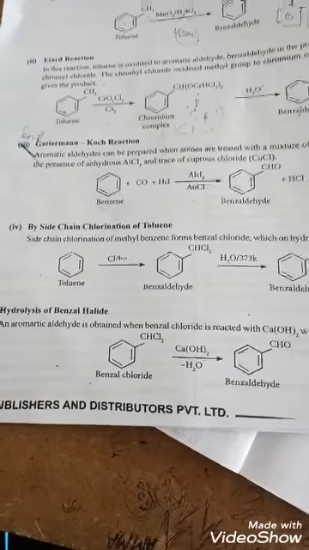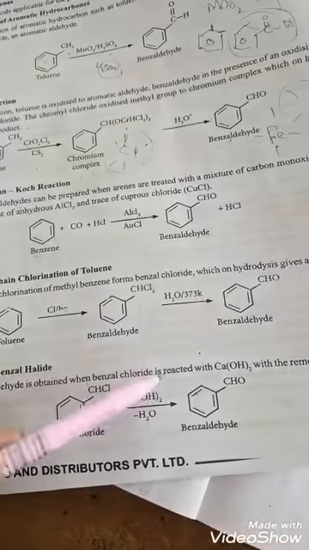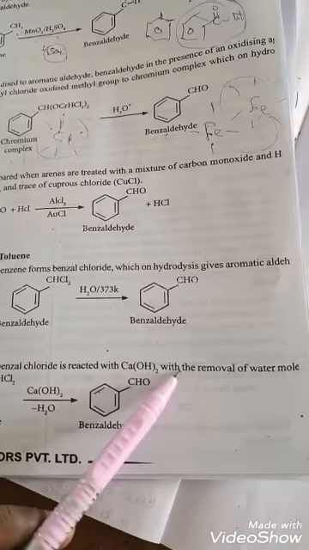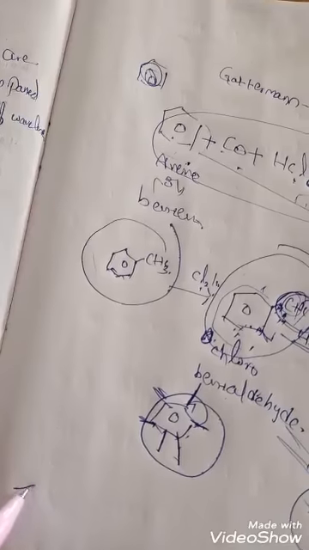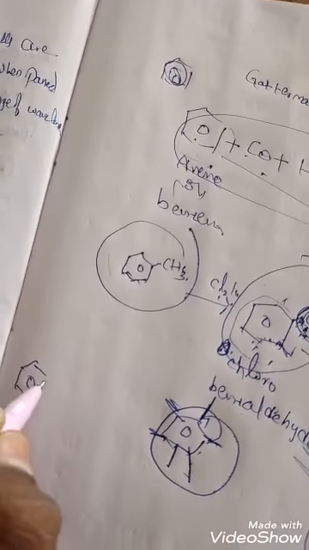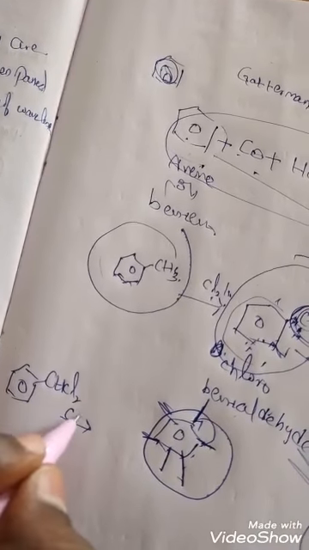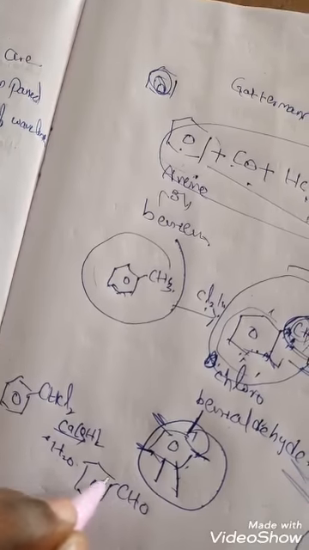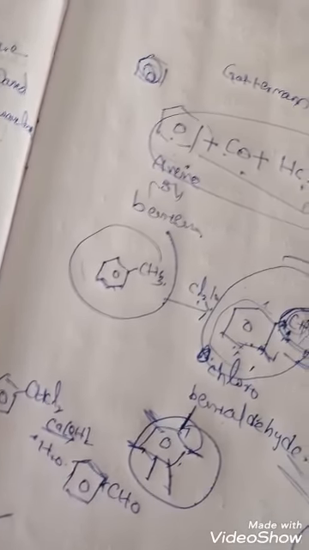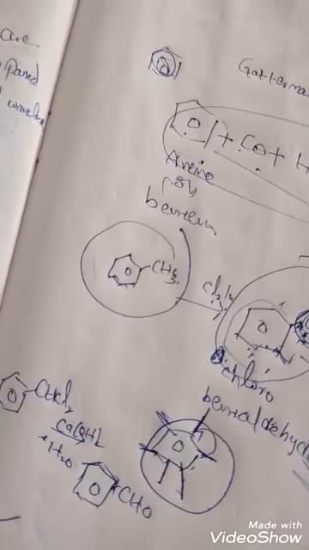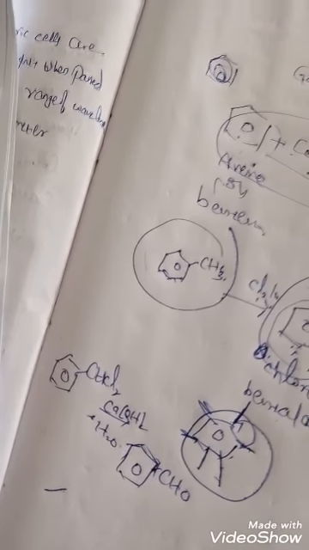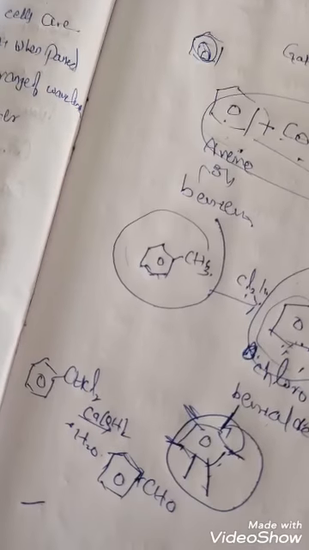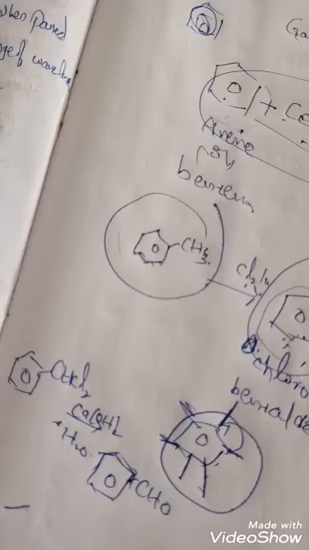Next one, hydrolysis of benzyl halide. An aromatic aldehyde is obtained when benzyl chloride is reacted with calcium hydroxide with the removal of a water molecule.